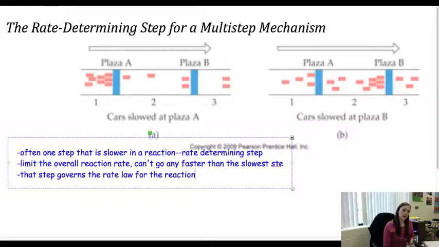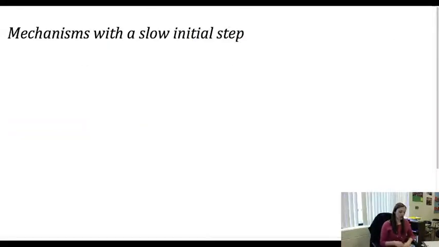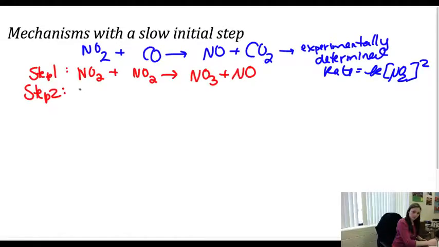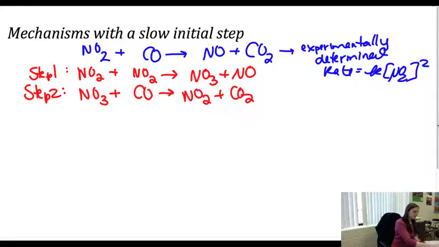So let's look at mechanisms for reactions with a slow initial step. So I'm going to write the reaction out, okay, that was determined experimentally. I'm going to have my 2 steps, and then we're going to talk a little bit about it. Okay, so here's my overall reaction that I'm looking at.